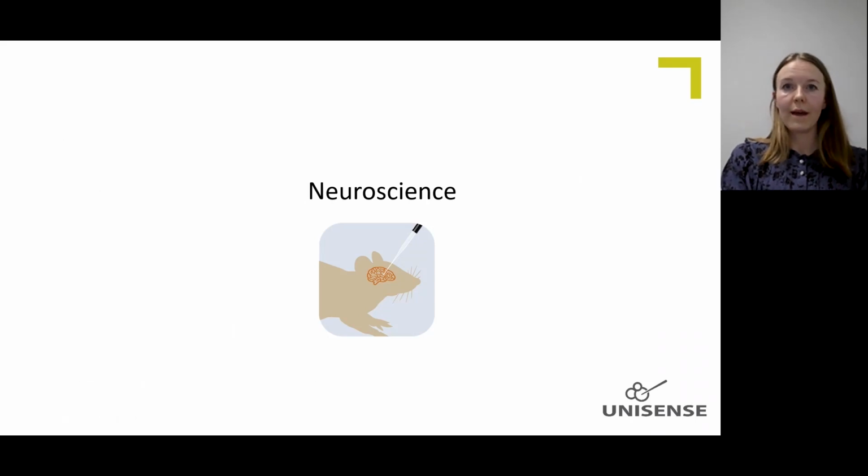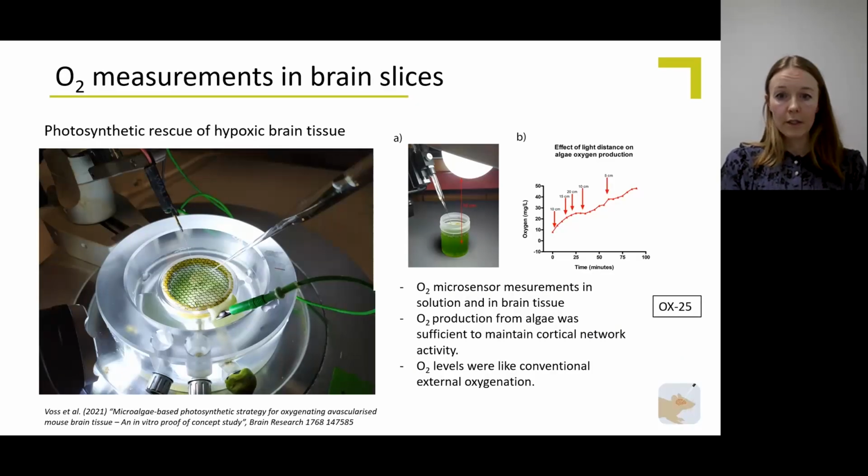Okay, so now I will turn to neuroscience, where especially the oxygen and the pH microsensors are used a lot. The first example shows oxygen measurements in brain slices. In this paper, the authors used oxygen produced from algae photosynthesis to oxygenate hypoxic brain tissue.